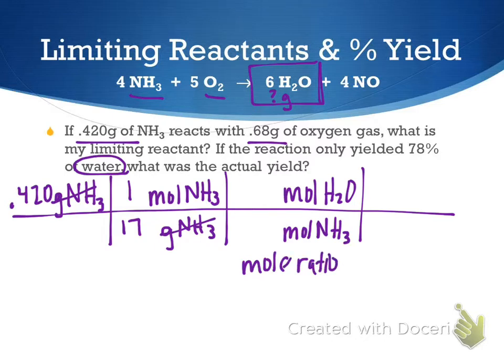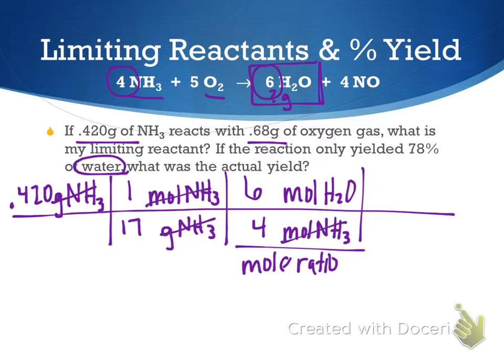Okay, and we get the numbers for this part of our T-chart from our balanced reaction. Okay, so 4 moles and 6 moles. Those numbers come directly from our balanced chemical formula. Okay, that's that mole ratio step. That is the only part of our T-chart where we can have 2 different compounds in the same column.